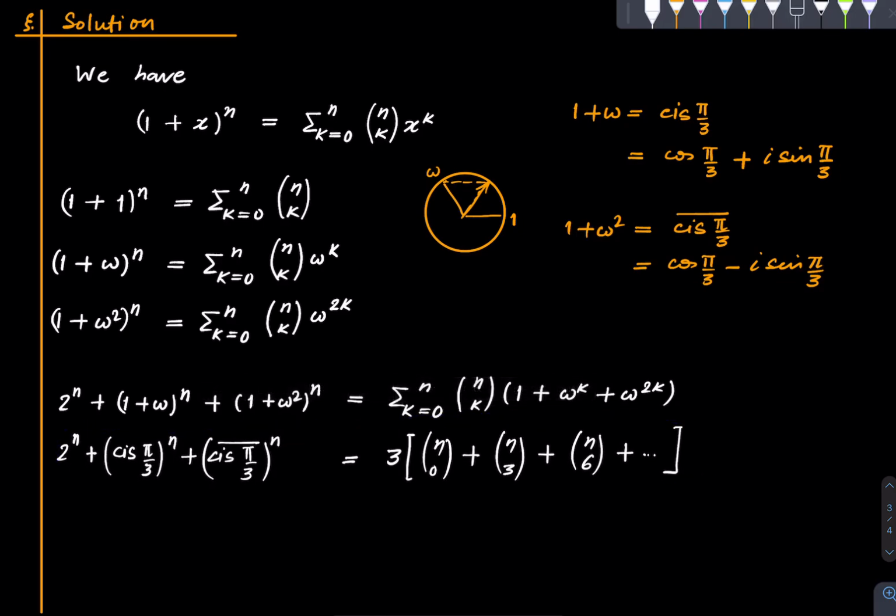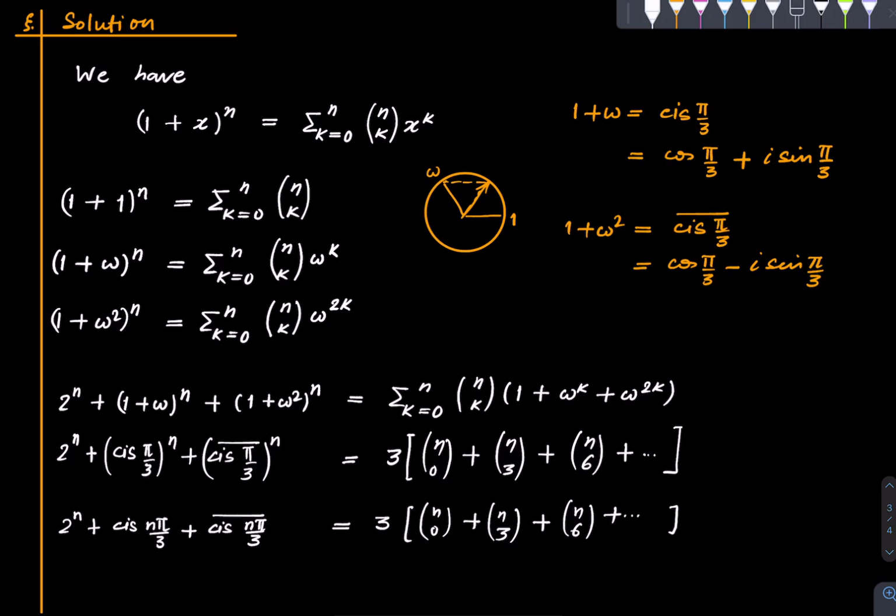All right. But now we use what is called de Moivre's theorem. So that is cis n pi by 3 plus cis n pi by 3 bar. That is equal to 3 times the required quantity. Right, and what is this?